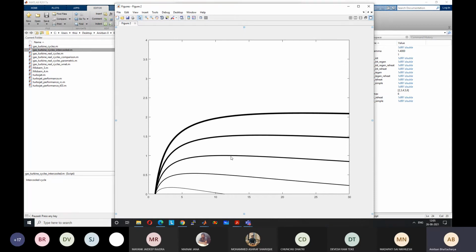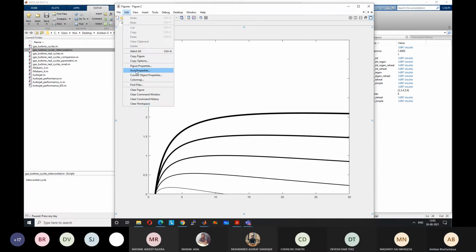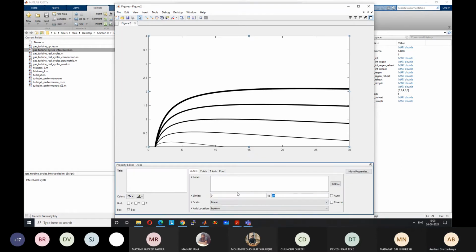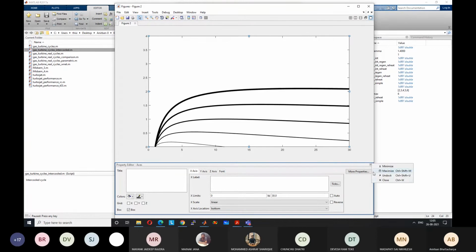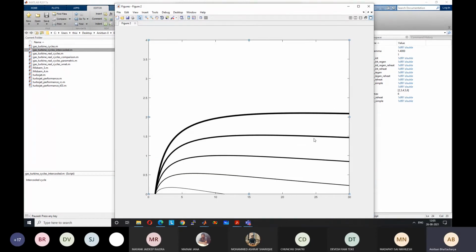T equal to 2, 3, 4, 5, 6. Let me just change the axis. We'll keep it 30 because that is a reasonable limit, but for just one case, I want to show that actually it decreases. There is an optimum point, and after that, it decreases. Okay, for all the cases. Now we will study with 30 only.